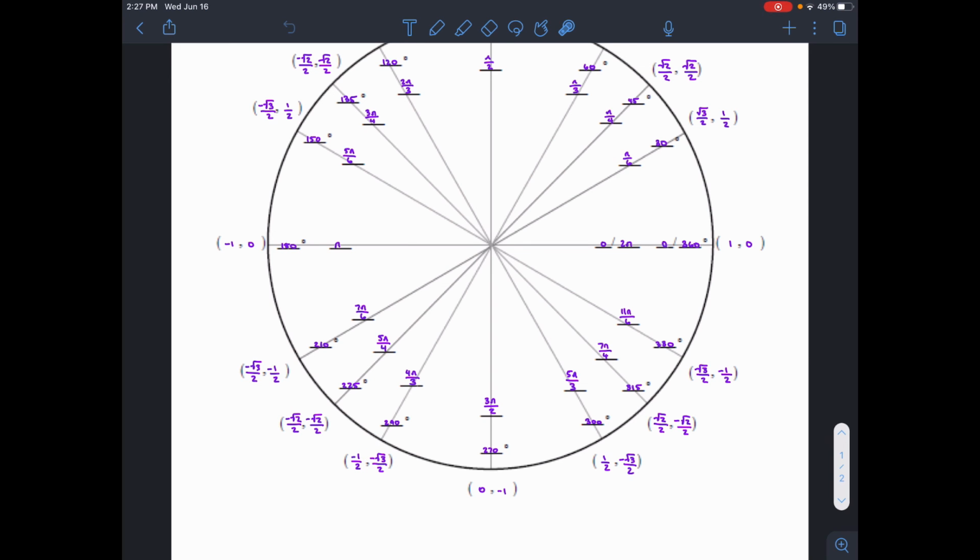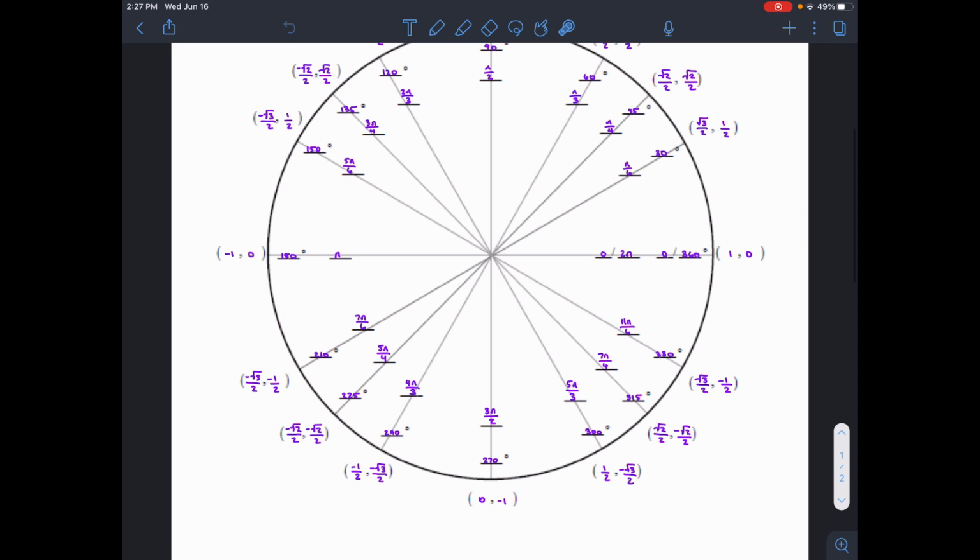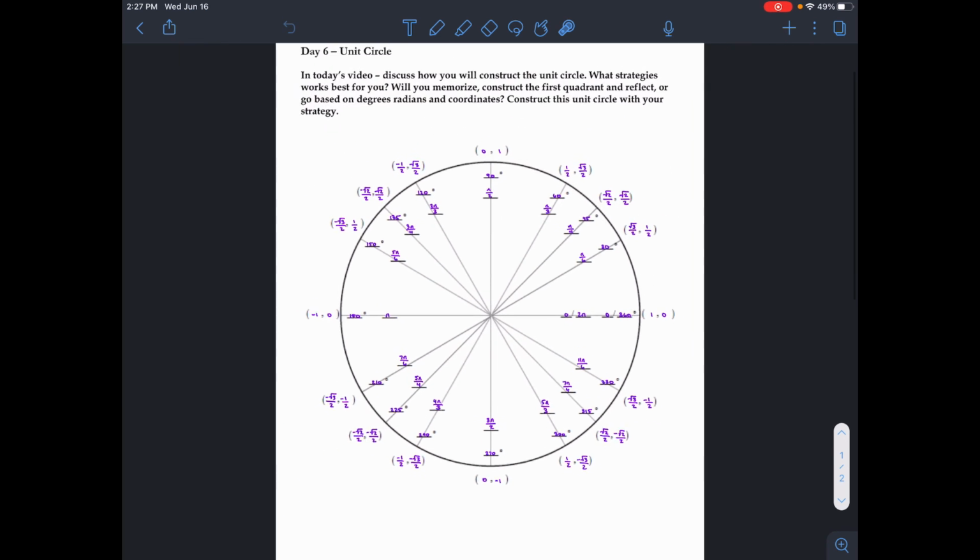And for quarter 4, x is positive and y is negative, so we have positive 1 half, negative root 3 over 2, positive root 2 over 2, negative root 2 over 2, positive root 3 over 2, negative 1 half. And so yeah, that's the unit circle.